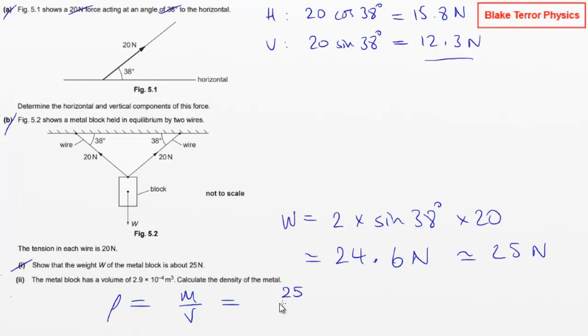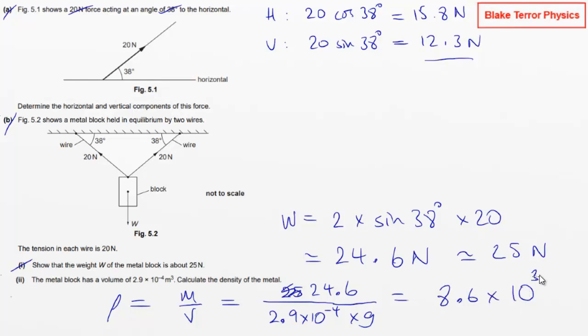So we're going to have 24.6, I used the 24.6 there, divided by 2.9 times 10 to the minus 4, and also divided by 9.81, which gives us 8.6 times 10 to the 3 kilograms per meter cubed. So that was a pretty standard resolving forces and density question.